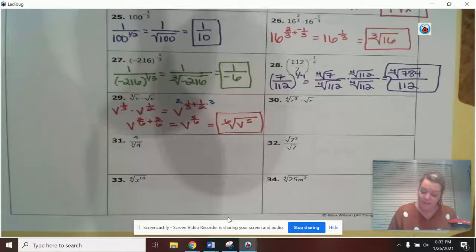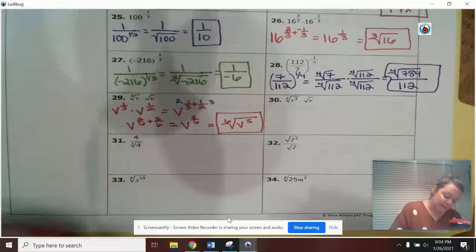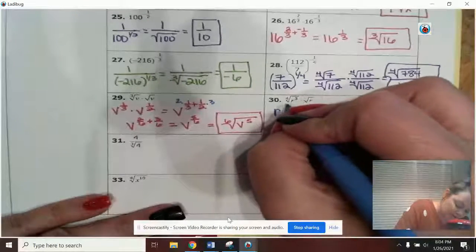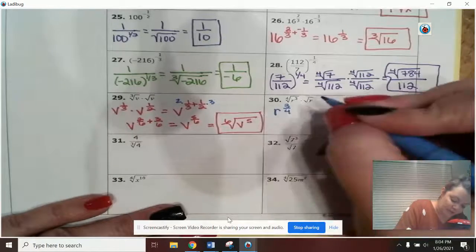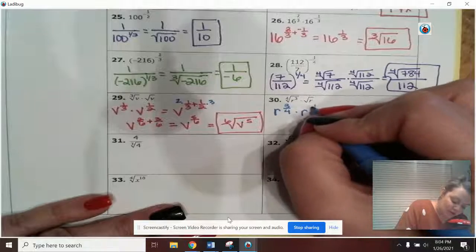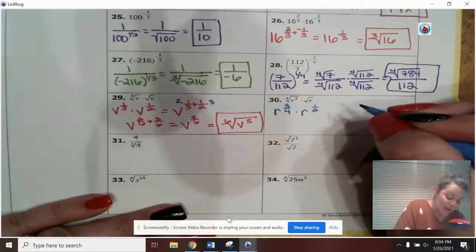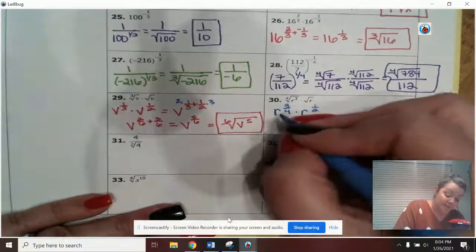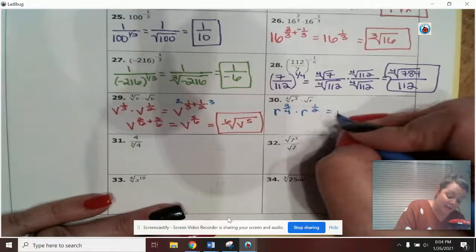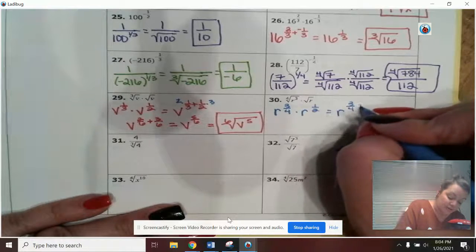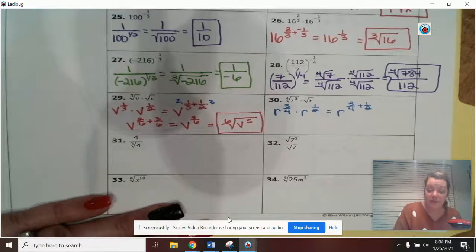Okay, let's turn these guys back into rational exponents. This one is r to the 3/4. This one is r to the 1/2. All right, I need to get a common denominator, base to a power, I add. So r to the 3/4 plus 1/2.